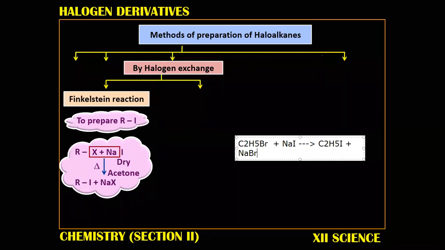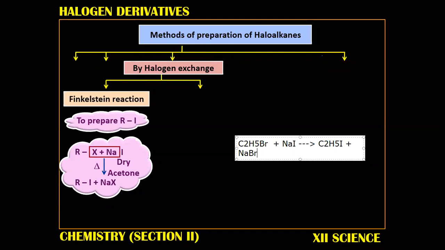Halogen exchange, there are two parts. A is Finkelstein and B is Swarts. Write the names, common name and IUPAC name on both sides. Halogen exchange, you're just exchanging the halogen. Chlorine and bromine can be exchanged. In place of chlorine and bromine, we get iodine as a product.